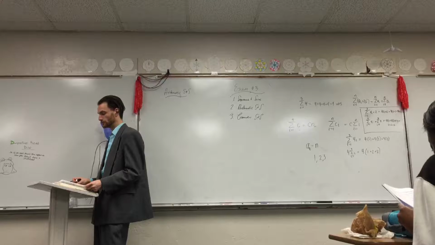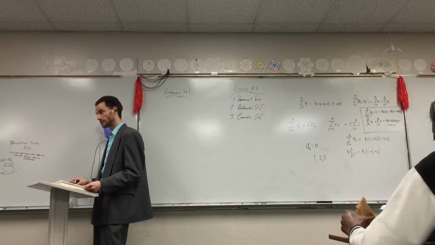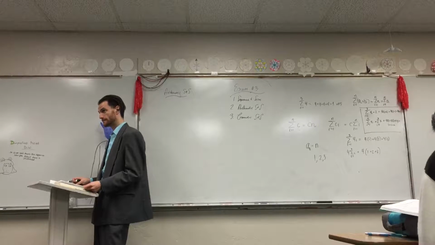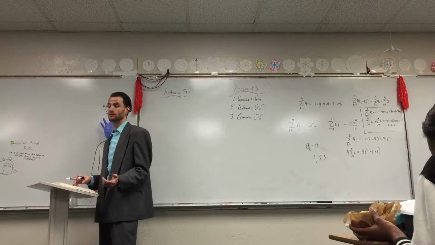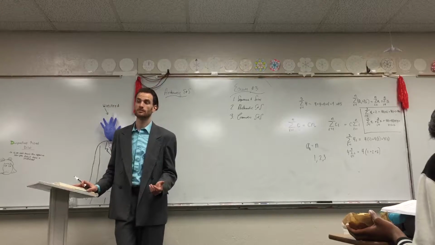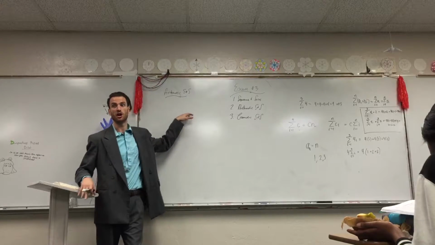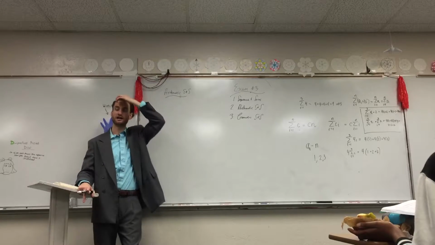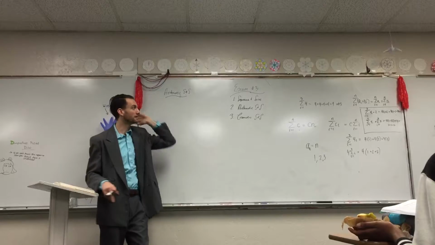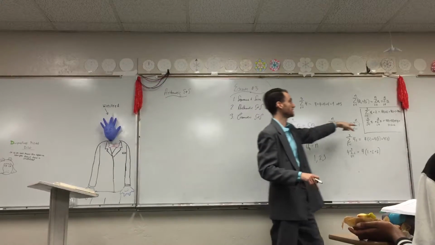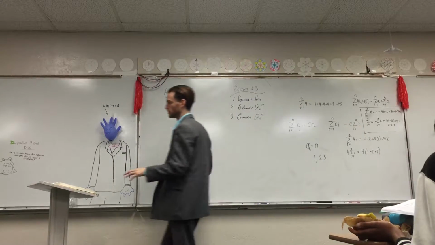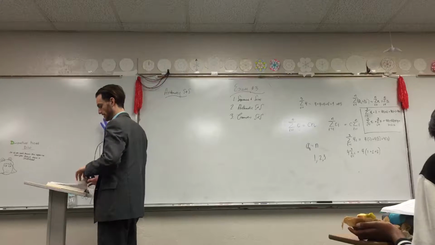But really, it's an arithmetic sequence, right? Because in an arithmetic sequence, I'm just going up by a number each time. I'm adding a number to it each time. So I'm just adding 1 to it each time, right? So this is where the rules of an arithmetic sequence come into play.